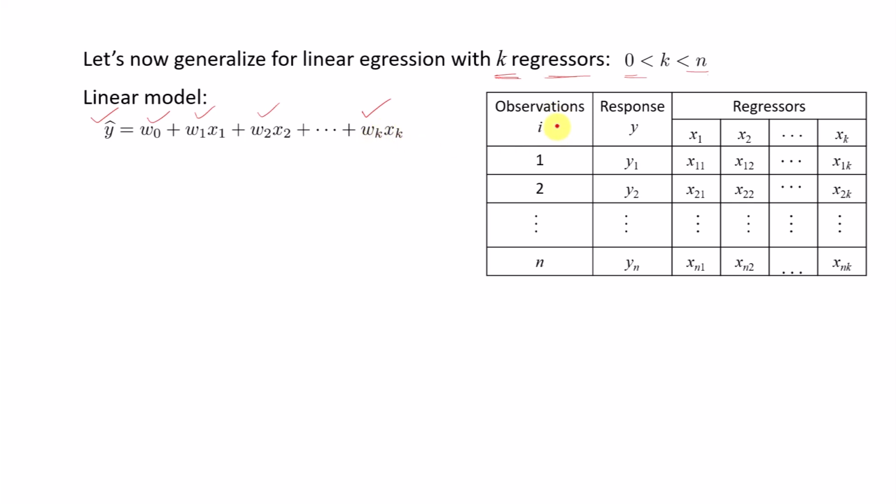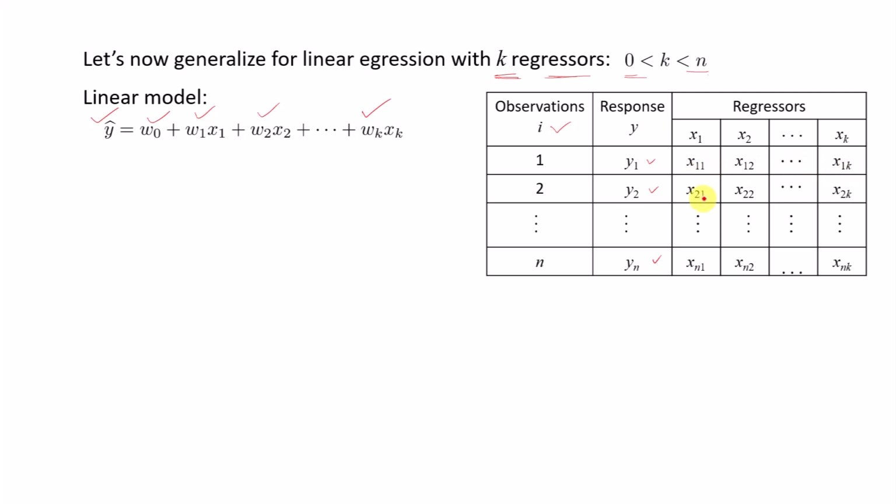Here I am running my experiments. My experiment index is i, and here this i goes from 1 to n number of experiments I am running, and the response is also a real number, a scalar, that I am getting: y1, y2, etc. up to yn, every experiment giving me some value of the response. The regressor, of course, for experiment 1, is x11, x12 up to x1k.